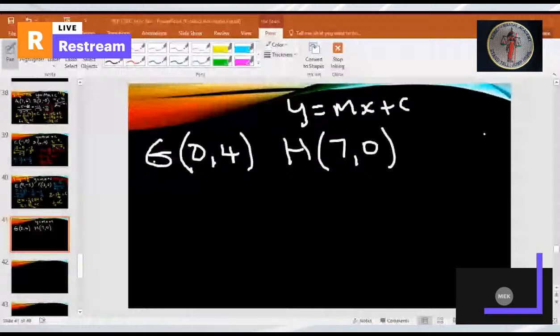Semani is saying she got -4/7 as the gradient and 4 as the y-intercept. So Semani's equation would be y equals -4/7x plus 4. All right, let me see the other students posting their answers.